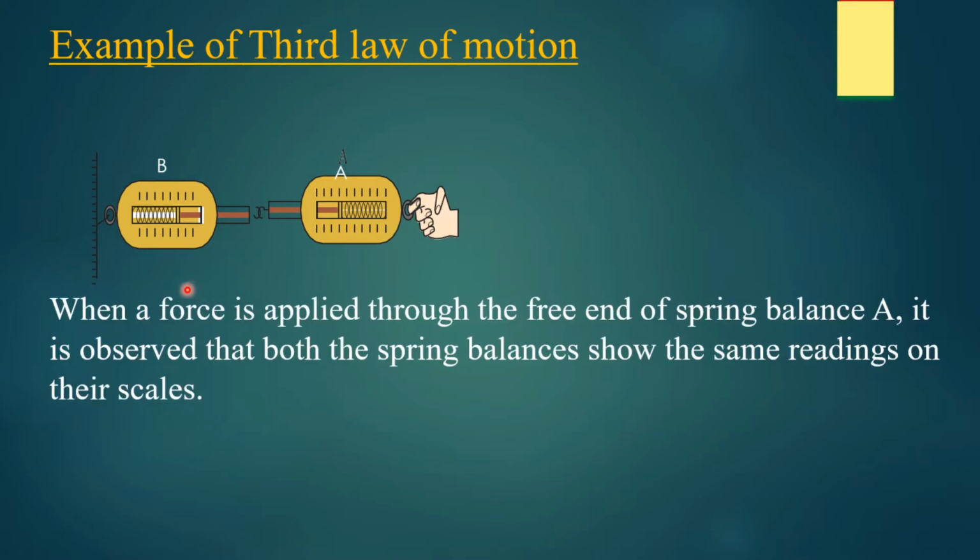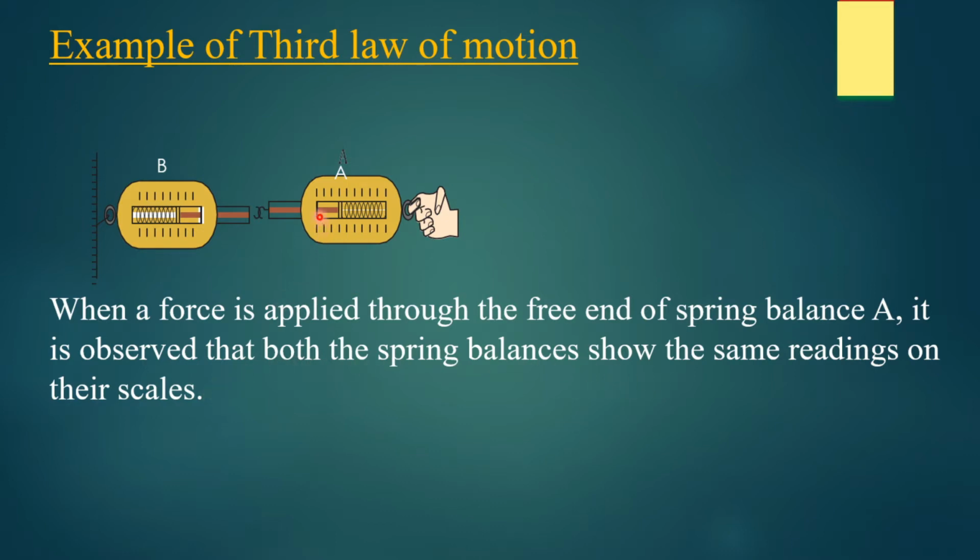The example of the third law of motion. For this, consider two spring balances, A and B. When a force is applied through the free end of spring balance A, it is observed that both the spring balances show the same reading on the scale.